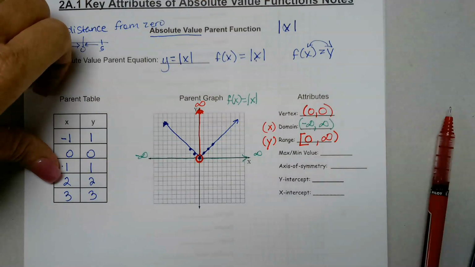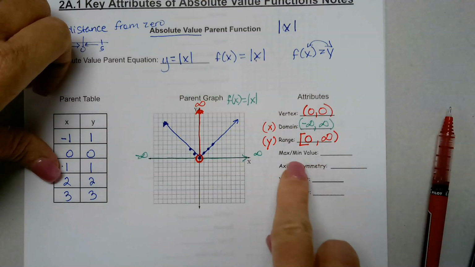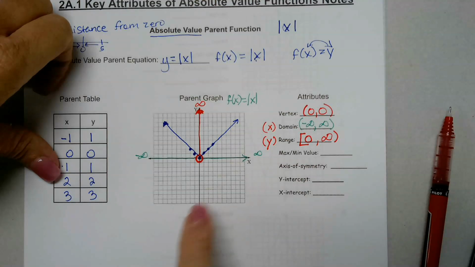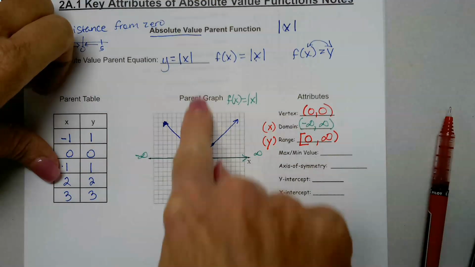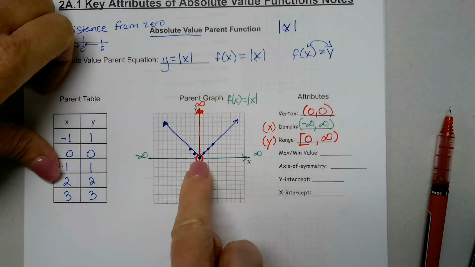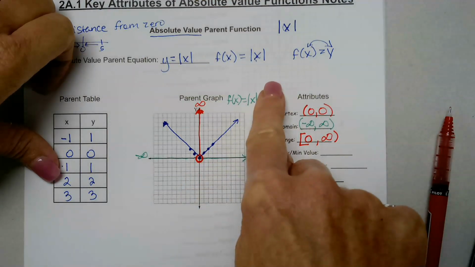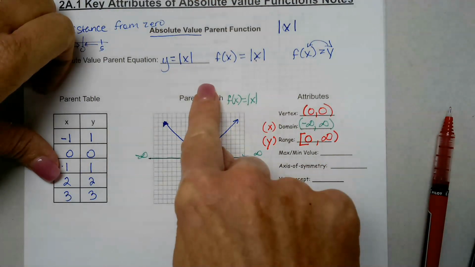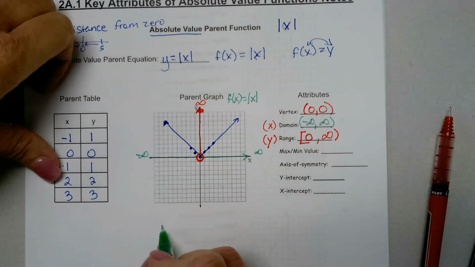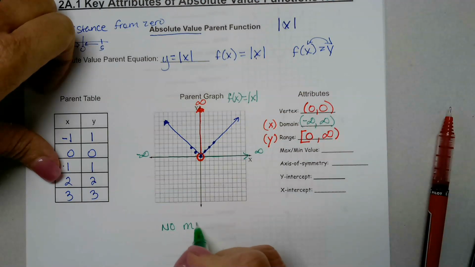All right. Now then, the next thing we're going to do is your maximum and minimum value. So our maximum and minimum has to do with your y coordinate. And now, since this is headed to positive infinity, going up, we have no maximum. We're headed to positive infinity. So I want you to write no maximum.